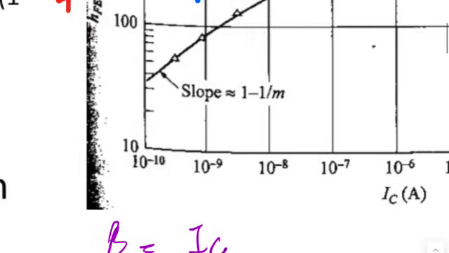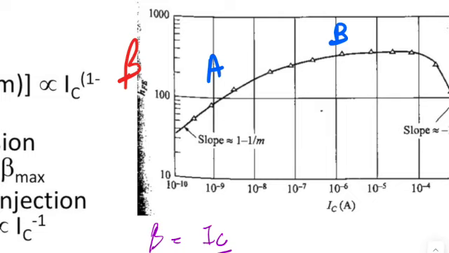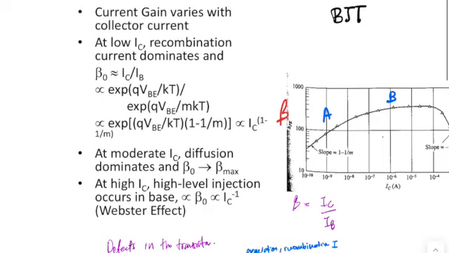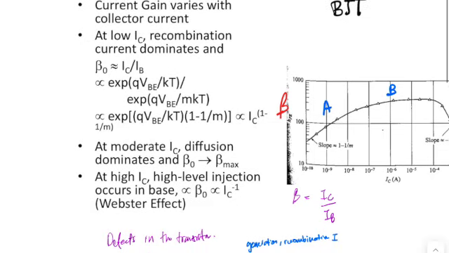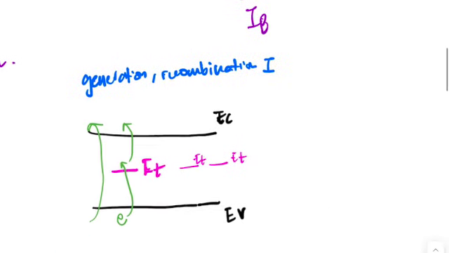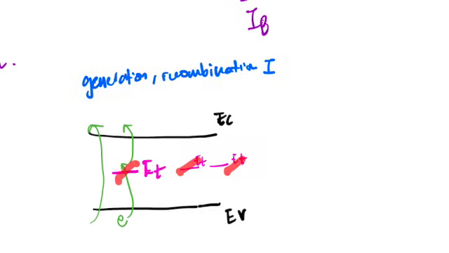Now at low collector current and with the same amount of defects, if you look at this graph, as we increase the collector current, it looks as if the beta increases, because at low collector current the defects don't change. If you have 3 defects over here, it will still remain the same.